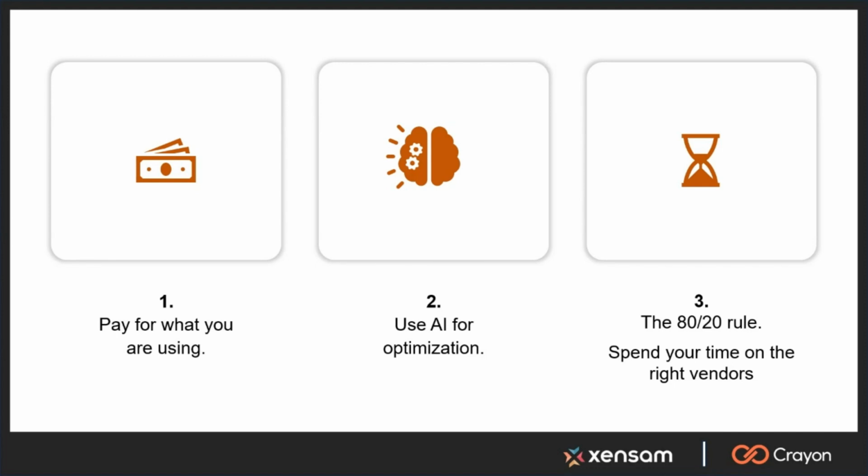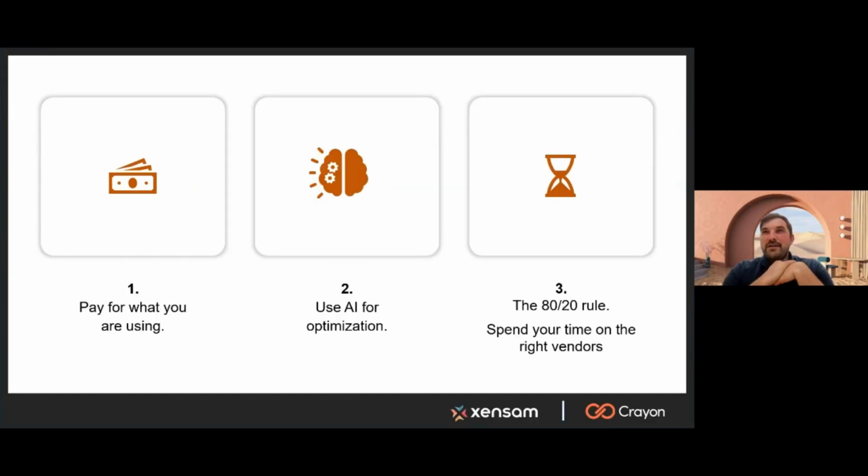Yeah. I think the third is quite clear. Focus where the money is to make cost savings and cost avoidance. The vendors that have the most value and the most risk is where you should be concentrating your time. But from a software portfolio consolidation perspective, it's important to take a process approach rather than a project approach.